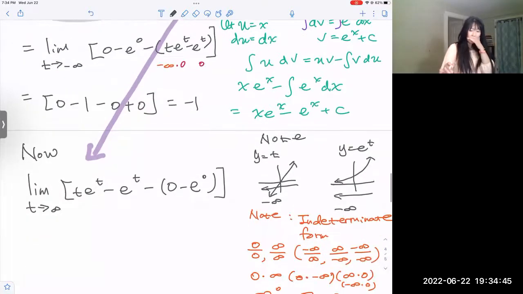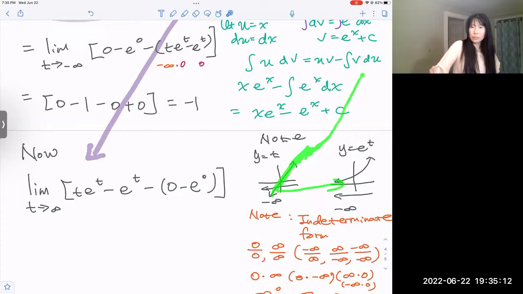All right, now what do you have with this one? We did this earlier. When t approaches positive infinity, what is the behavior of the graph? Infinity, good. How about e to the t when t approaches positive infinity? What's the behavior of the graph?